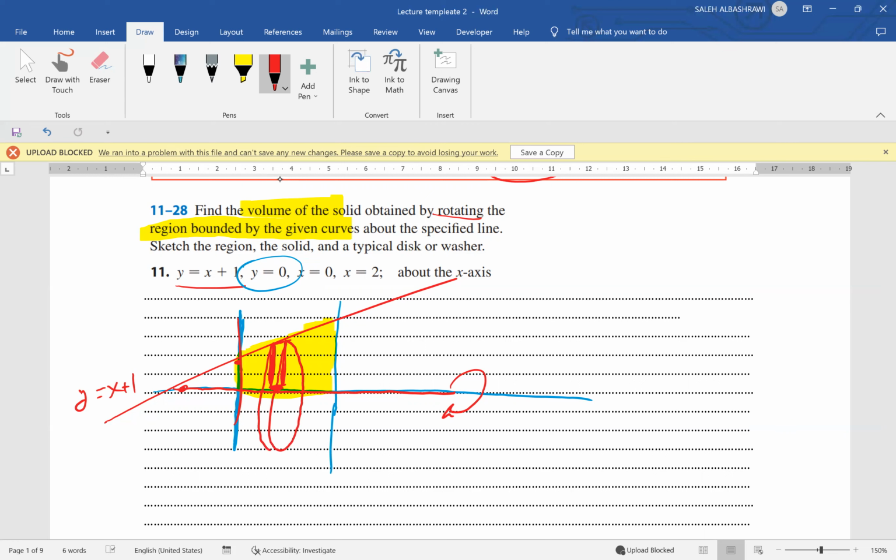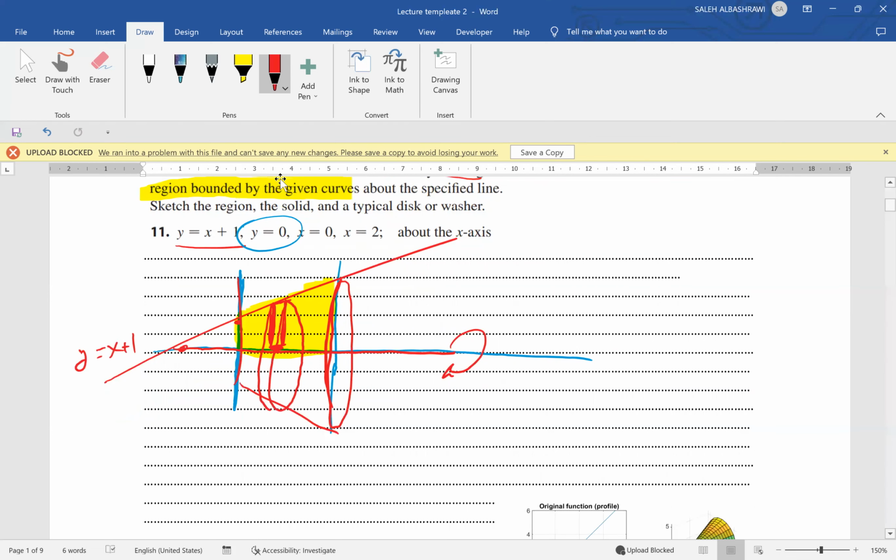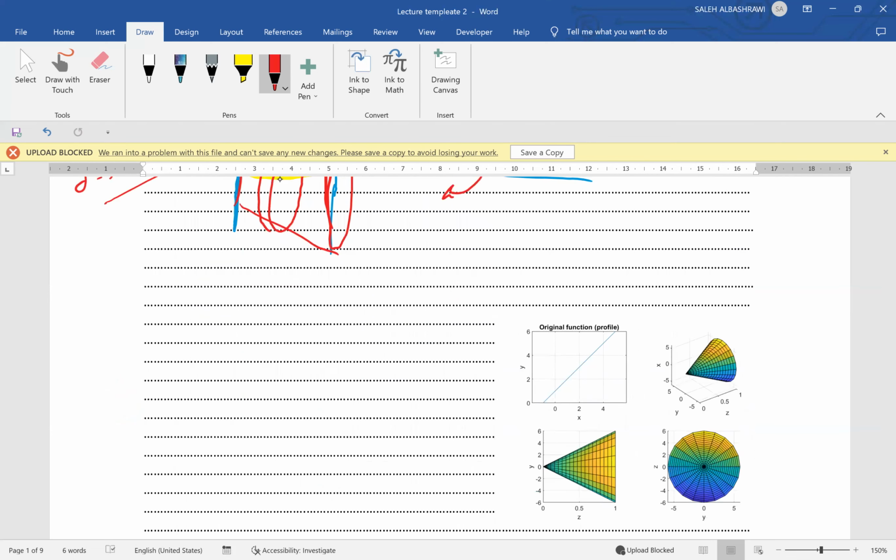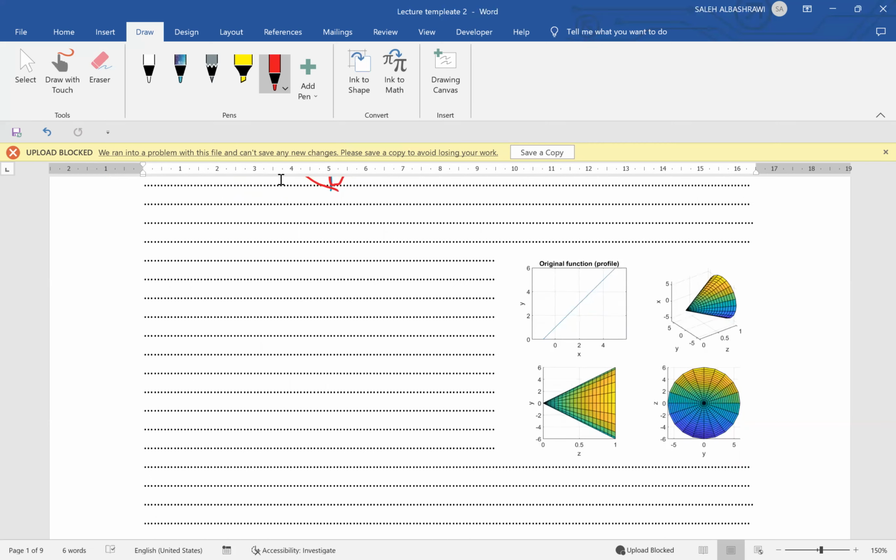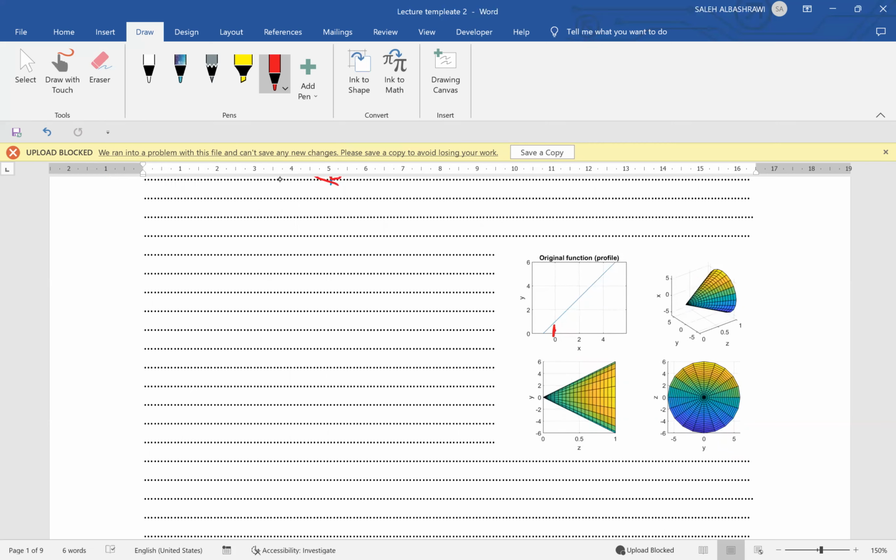So the graph will take something like this, which is a truncated cone. This is the shape of the figure, but we start from 0, not from minus 1 to 2. I will have something like this one, but this is cut at x equal to 0.